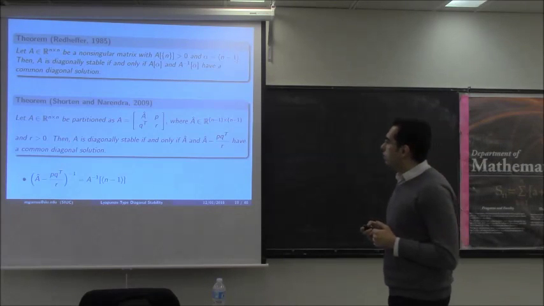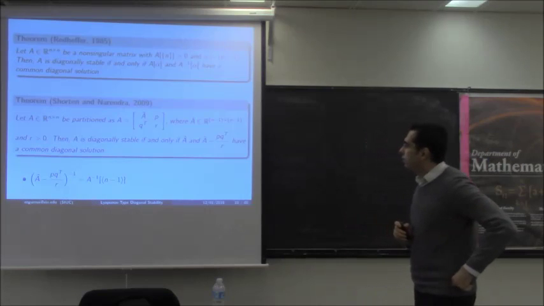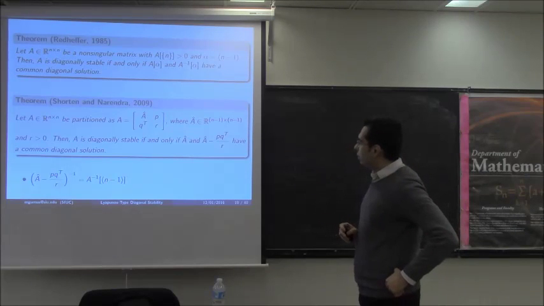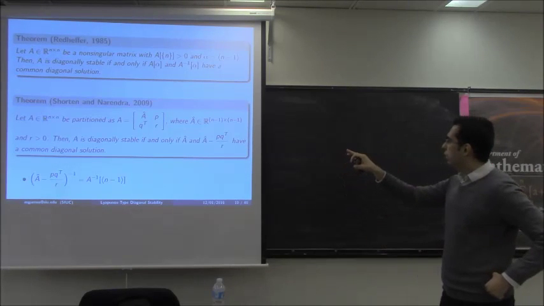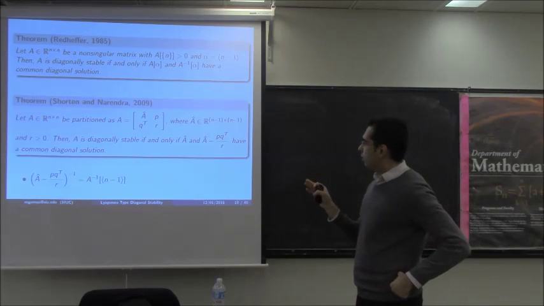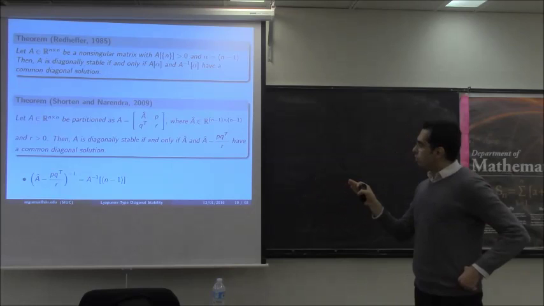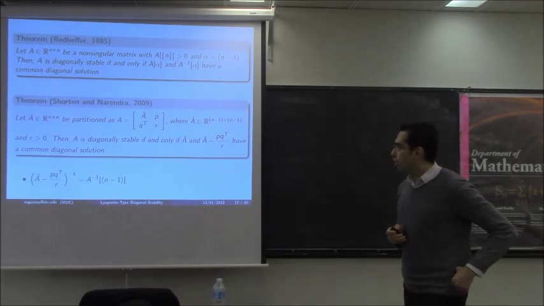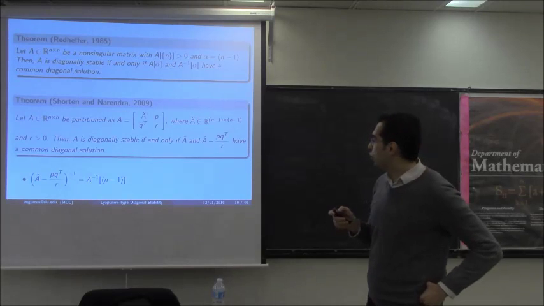This result is revisited by Shorten and Narendra. Now think about the partitioned matrix A here: A hat, P, Q transpose, R, and A hat is of order n minus 1 with R greater than 0. Now A is diagonally stable if and only if A hat and A hat minus PQ transpose over R have a common diagonal solution.